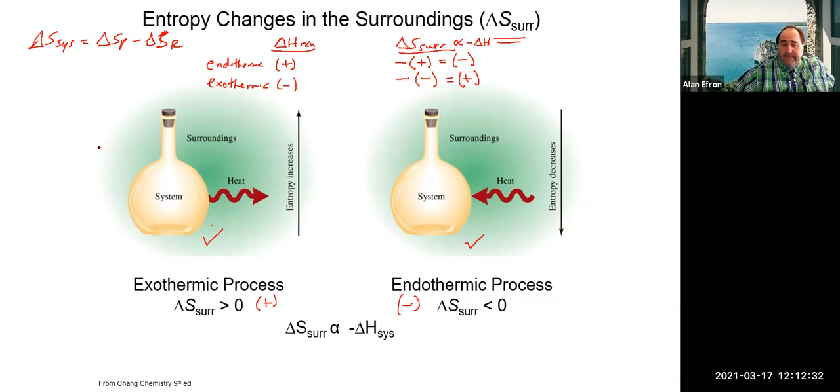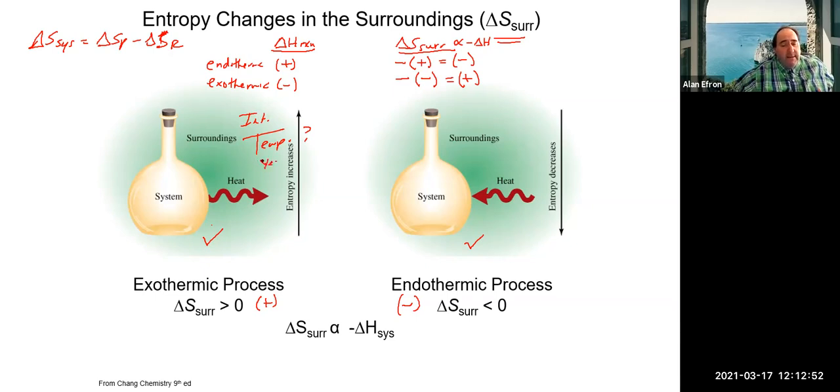Now, does the temperature of the surroundings to begin with make a difference? Does the initial temperature of the surroundings make a difference in terms of the entropy change that you would see? And the answer is yes.